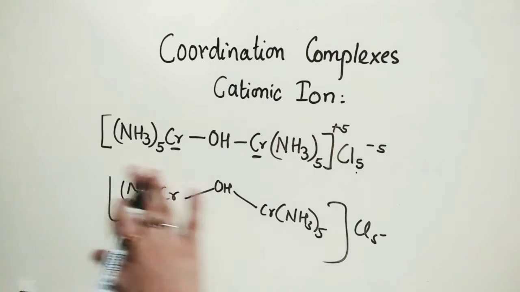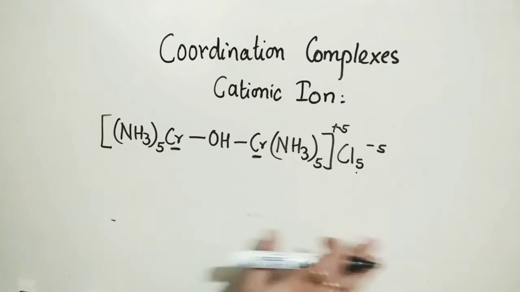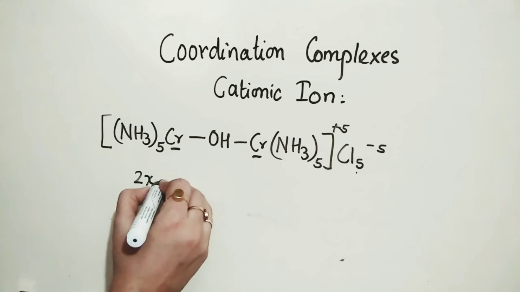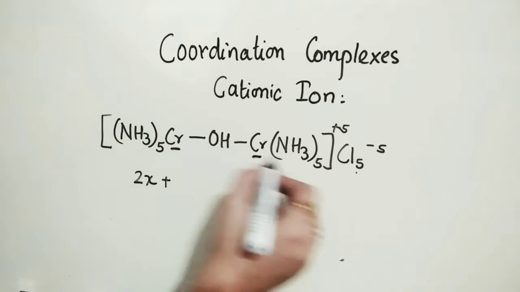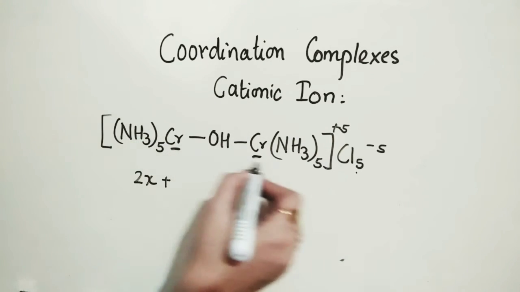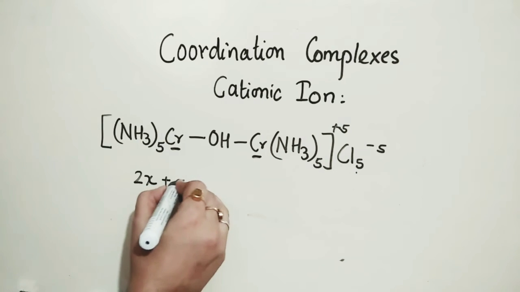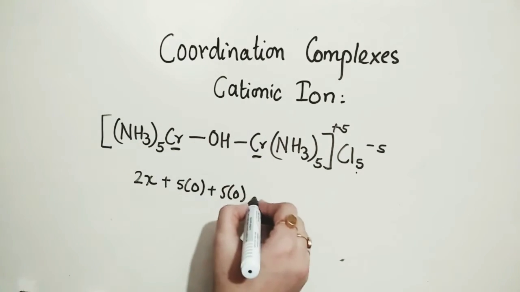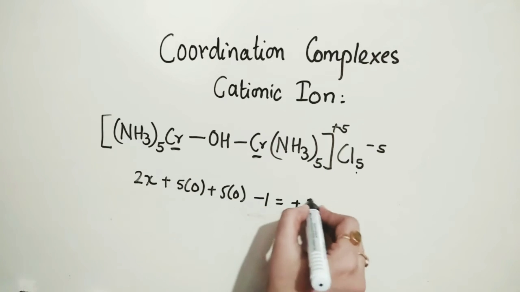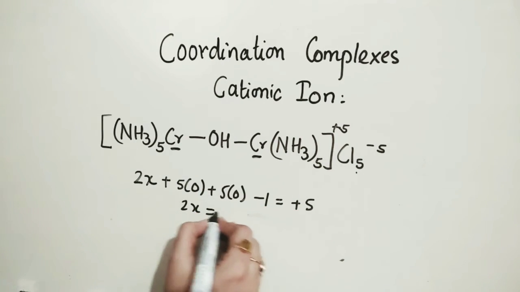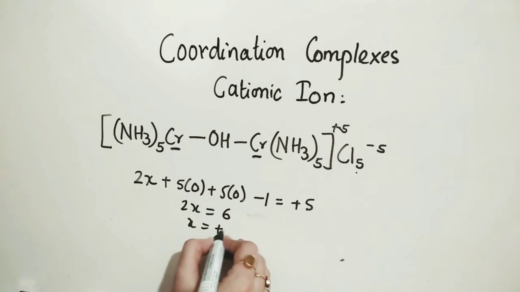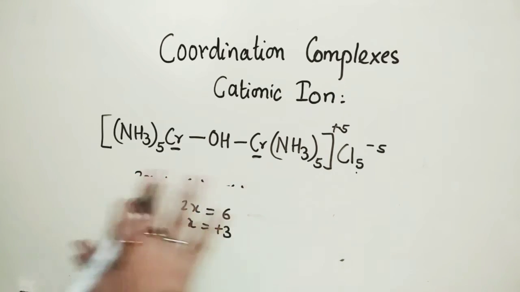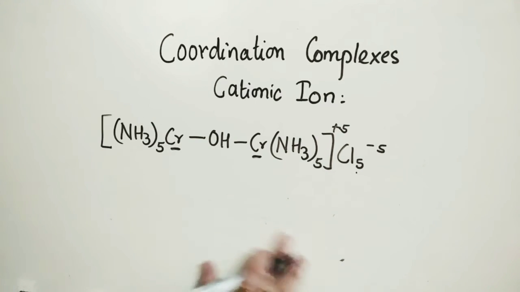Now there are two Cr present in this case, so we will take 2x plus ammonia, a neutral ligand, so 5 into 0 plus 5 into 0 will remain 0, but OH carries -1, which is equal to +5, so overall 2x is equal to 6, or x is equal to +3. So in this case the oxidation state of chromium is +3.